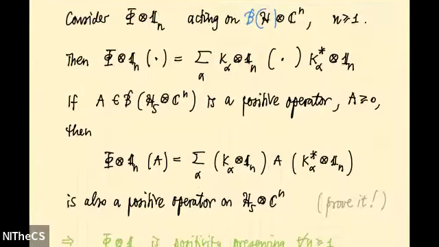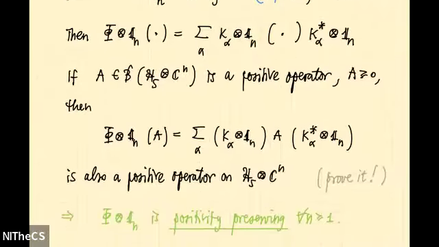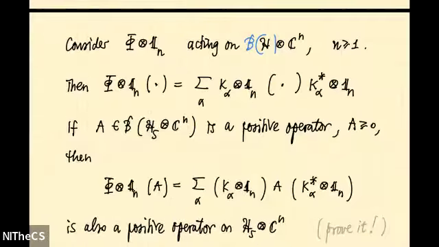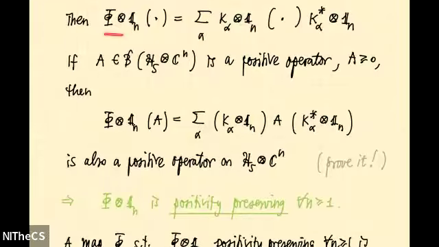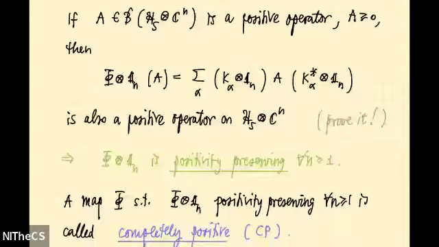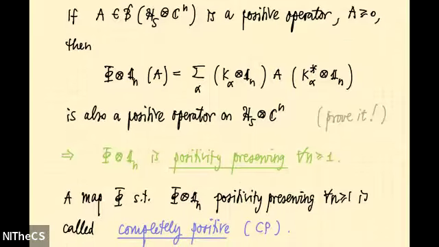Okay? And then, if I take an A, which is a positive operator on this space, and I apply phi tensor 1 to that, if I apply this to A here, I get this here. And this is also a positive operator.